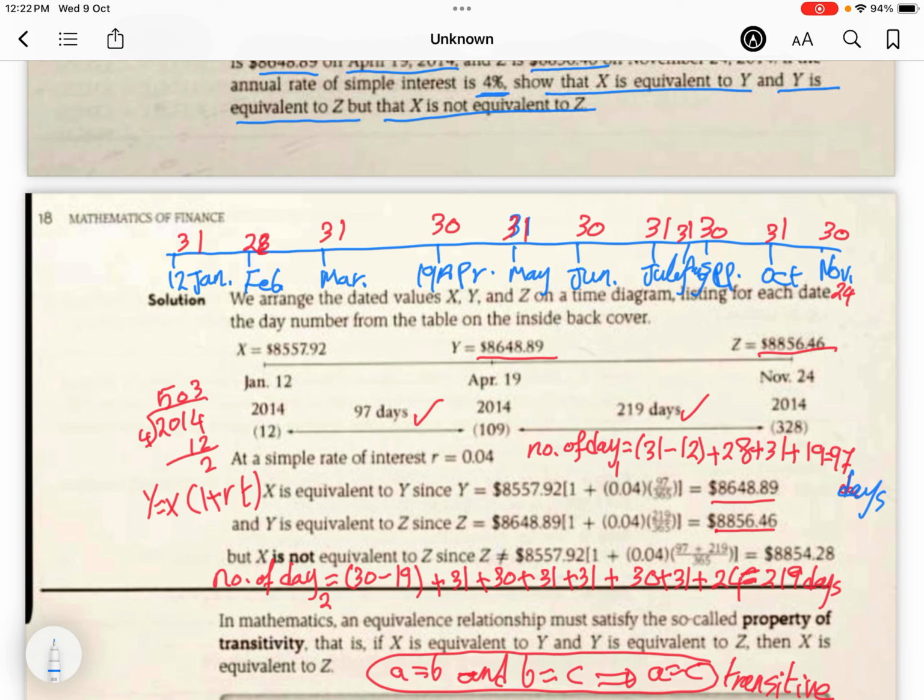The other number of days is from 19 April till 24 of November.